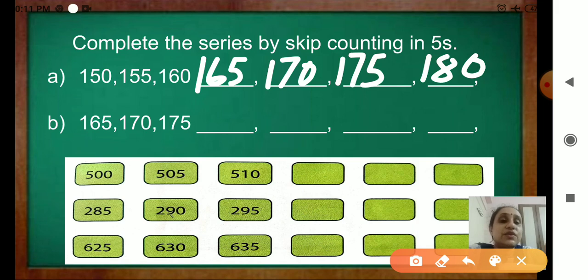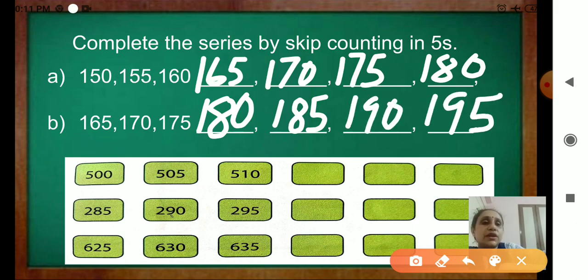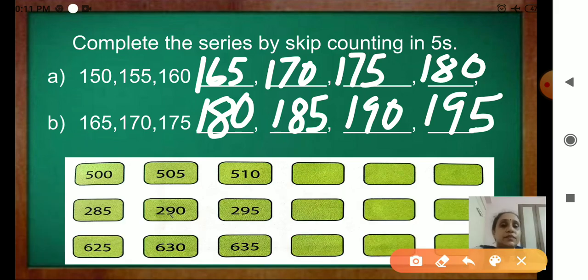Okay, now the next one, 165, 170, 175. So write 180, 185, 190, and then 195. Now 500, 505, 510.